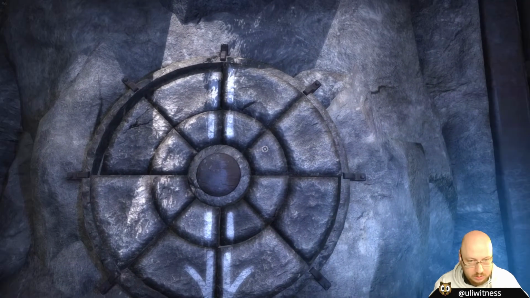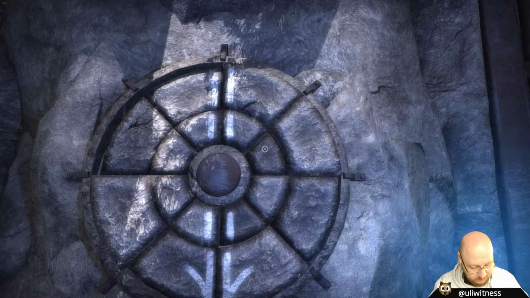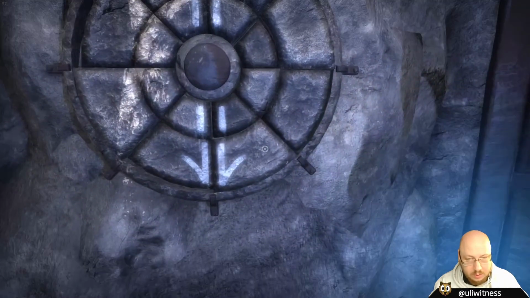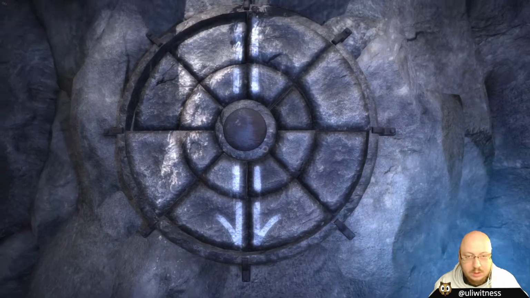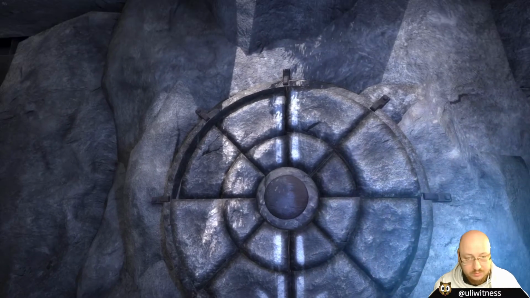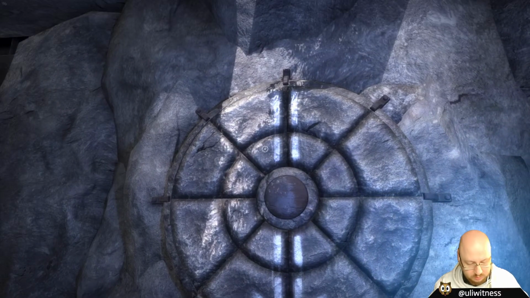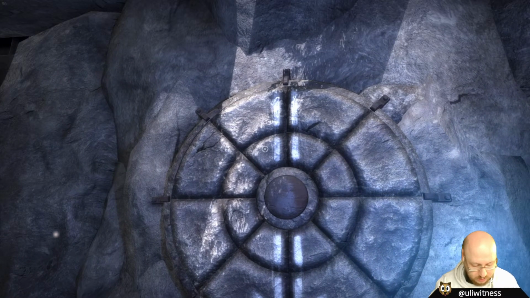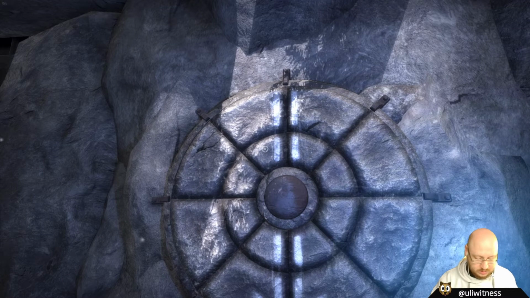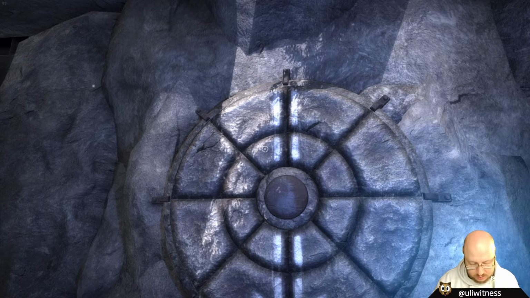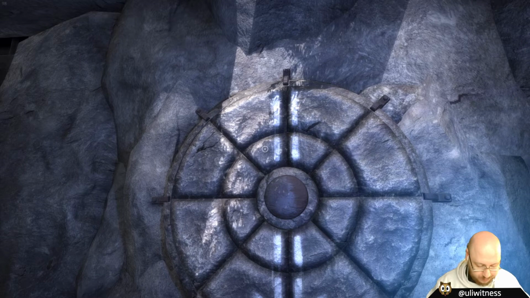Okay. 12, 14, 15. That doesn't work. Now let's try it upside down.